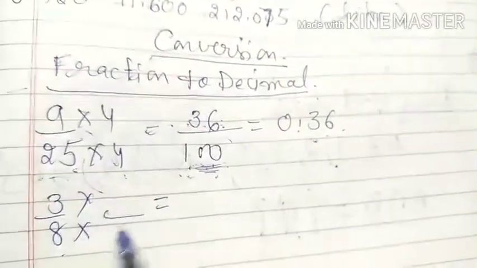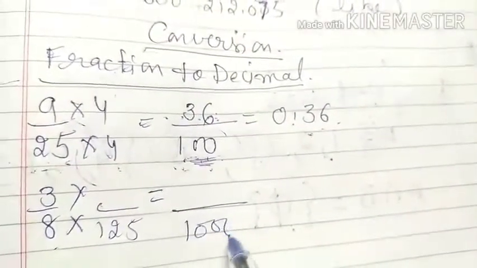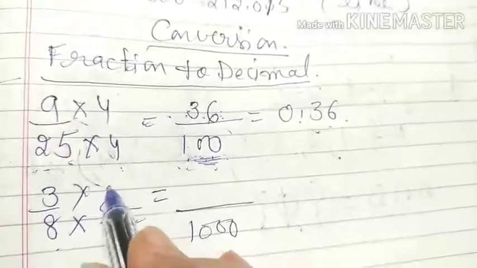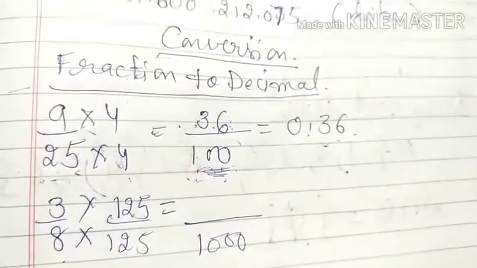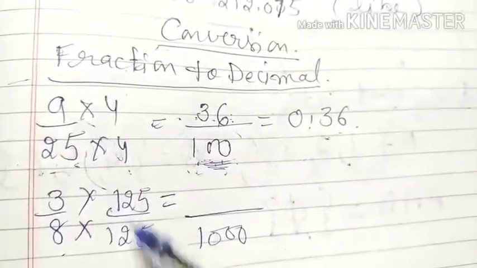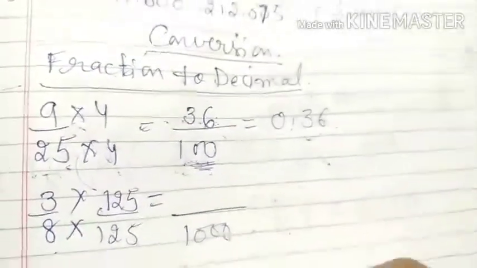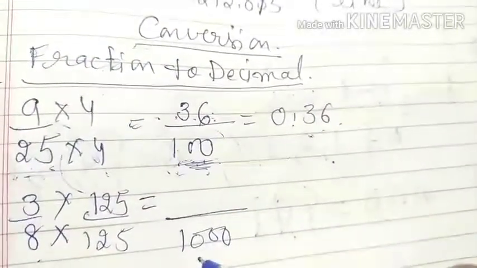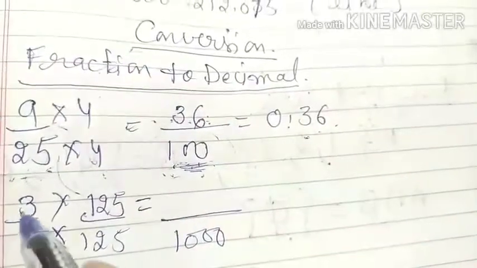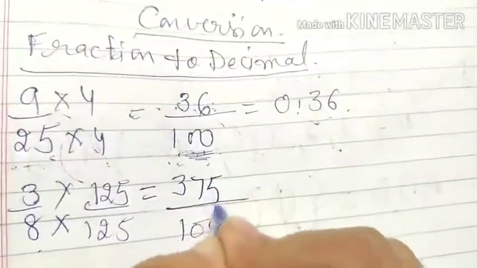If I multiply by 125, that gives me 1000. The same number should be multiplied with the numerator. Multiply both numerator and denominator by the number which you found by making the denominator a multiple of 10. So here the denominator is 1000, and when you multiply 3 with 125, that gives me 375.